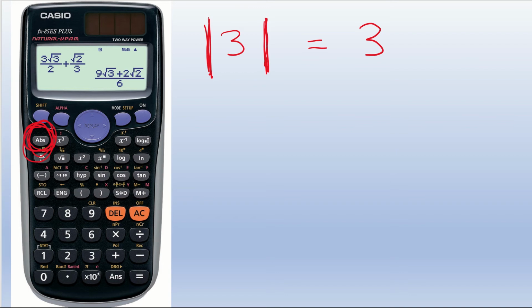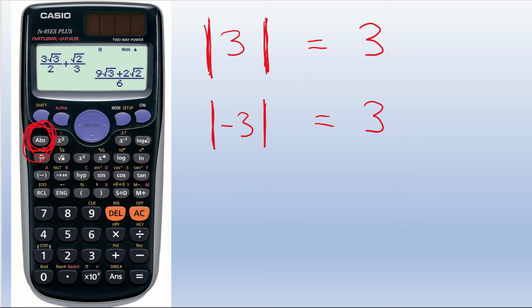So far so good. Those bars are just acting like brackets. However, if you reset your calculator and click the ABS button again, and if you put -3 in, you're going to get that is equal to 3, as in +3.